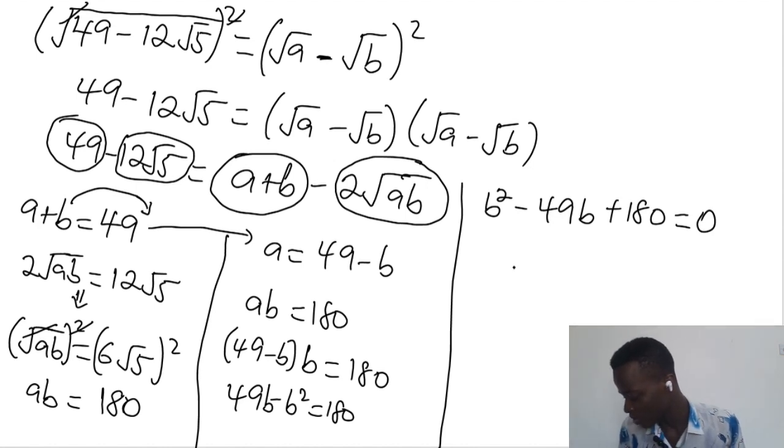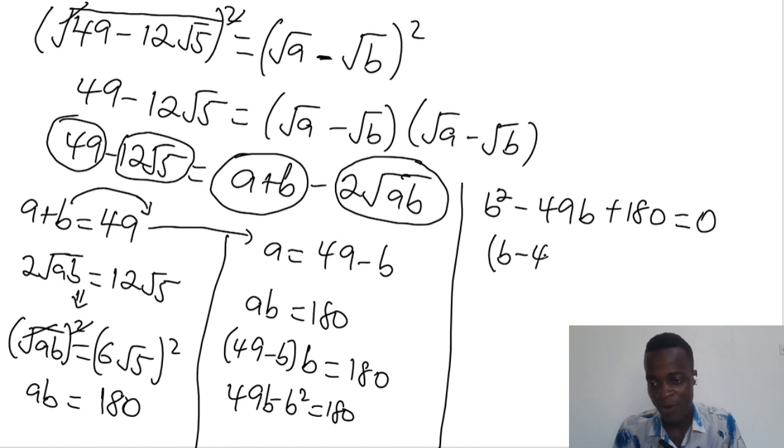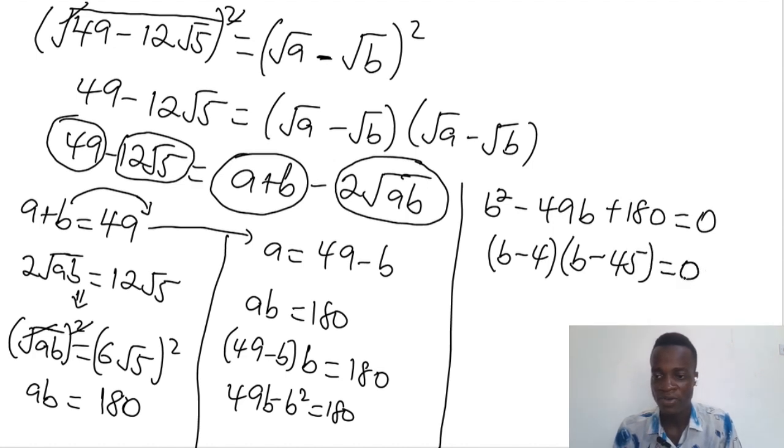When you factorize, you finally have B minus 4 multiplying B minus 45. We'll do a topic on how to do factorization quickly. That's why I'm taking my time with you guys. If you know factorization already, you know where this comes from. But if you don't know, don't worry.